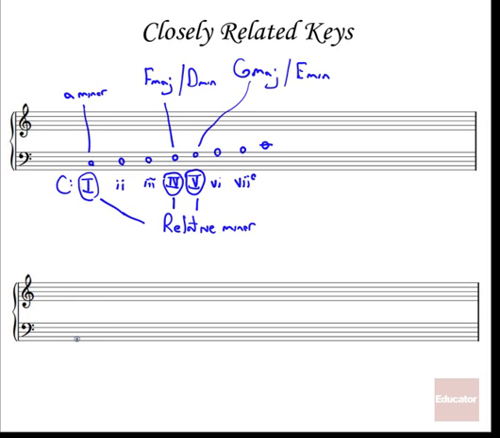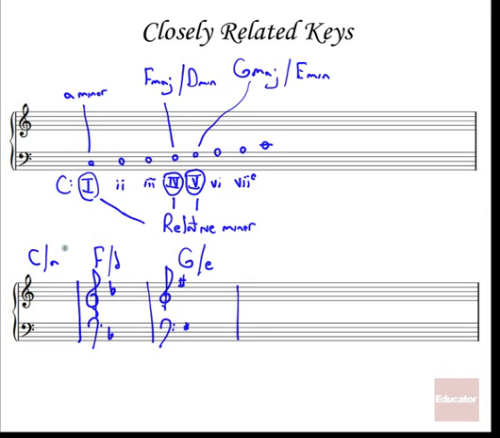So here is the key signature for C major or A minor. And then here is the key signature for F major or D minor. And finally, here is the key signature for G major or E minor.